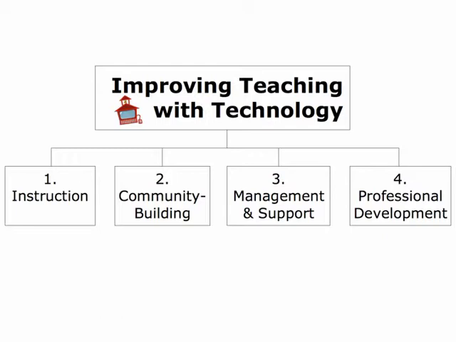Another area has to do with the use of technology to improve and support community building efforts for teachers. A third area has to do with the way technology can be used in order to help manage and support various aspects of a teacher's job. And the fourth area has to do with ways in which emerging networked information technologies can be used to help support the professional development efforts of teachers today.